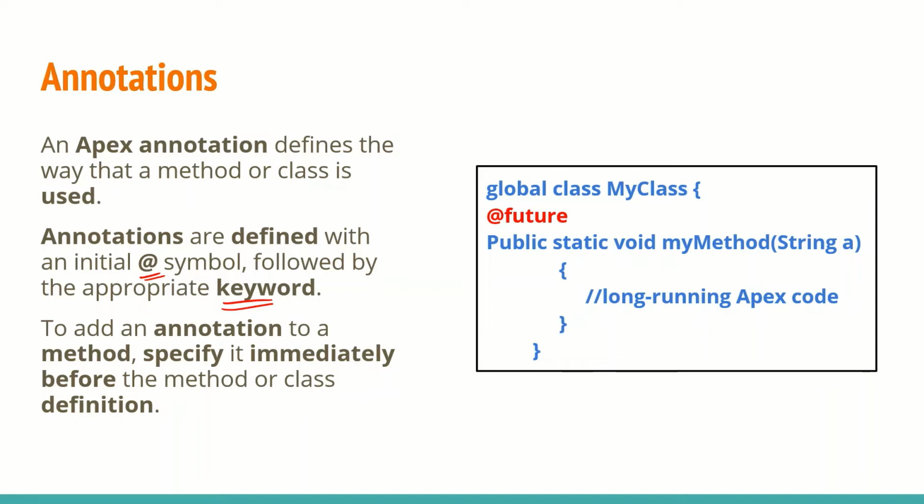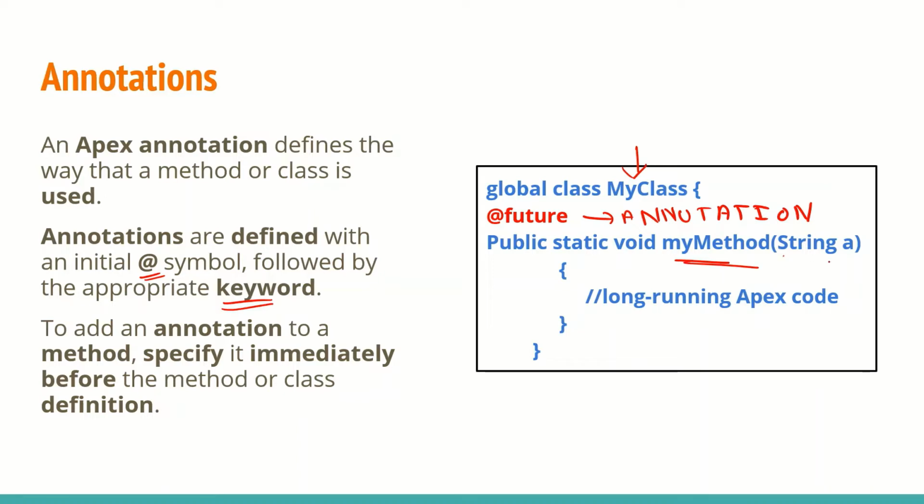To add an annotation to a method, specify it immediately before the method or class definition. So as you can see in this example, this is a class name, that is my class. Then we have @future. This is an annotation. Then we have this particular method, that is my method.